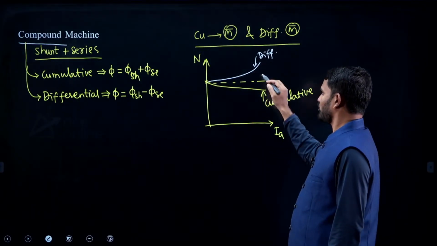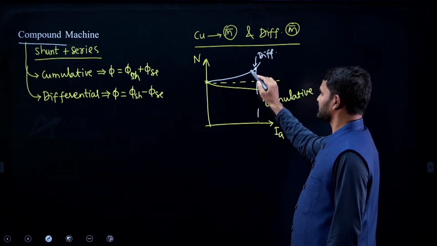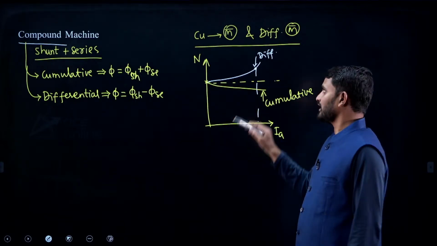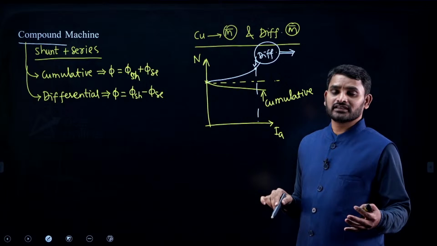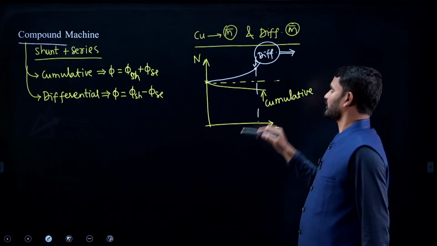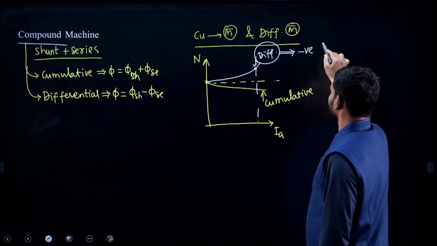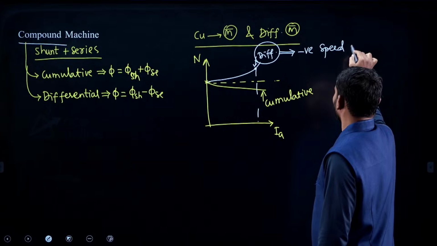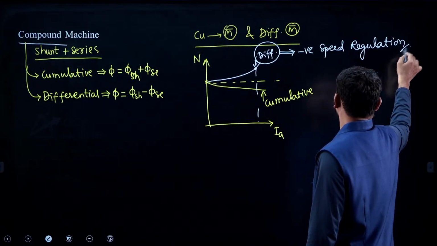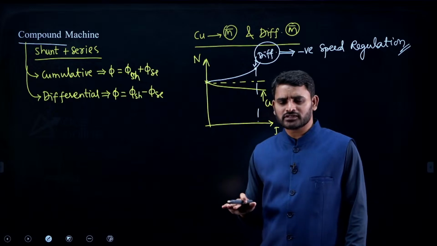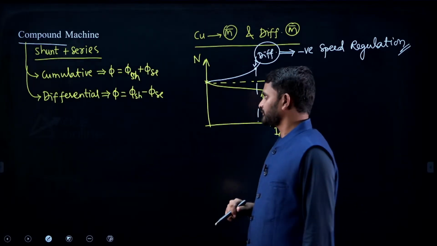So, differential compound motor, you see, full load speed is greater than the no load speed. That is the reason why differential compound motor can have a chance of getting negative speed regulation. For remaining all motors it will be positive speed regulation.